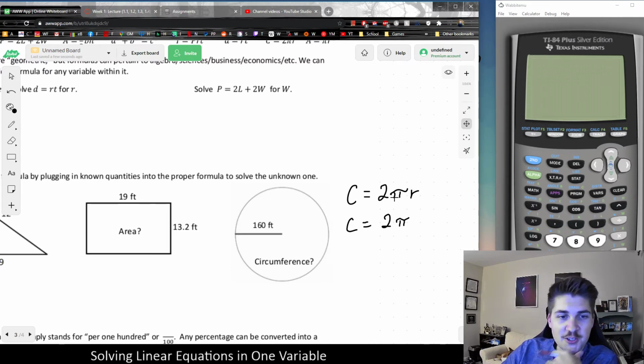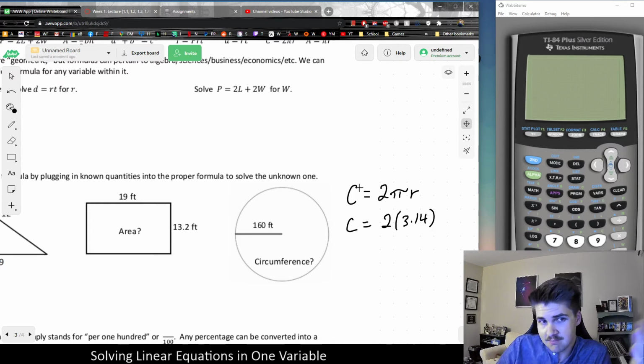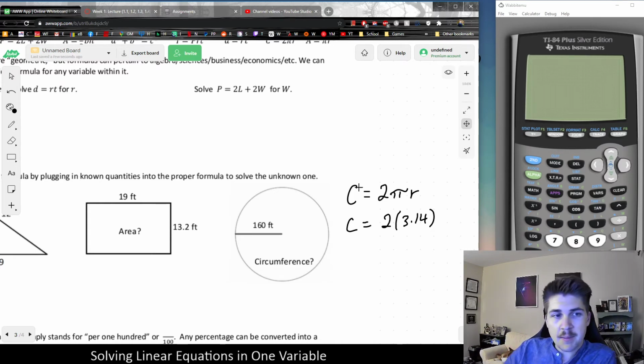Regardless, we often just use a rough approximation of 3.14. What's nice about constant values like that in formulas is that it's not changing. It's not a variable. It's always the same. Whereas r depends on the radius of the circle, right? If this were smaller, the circumference would be smaller. If it's larger, it's larger. And in this case, we know the radius is 160 feet.